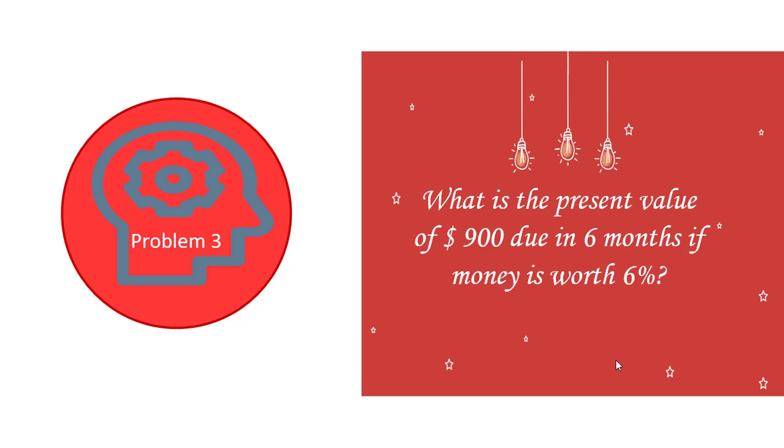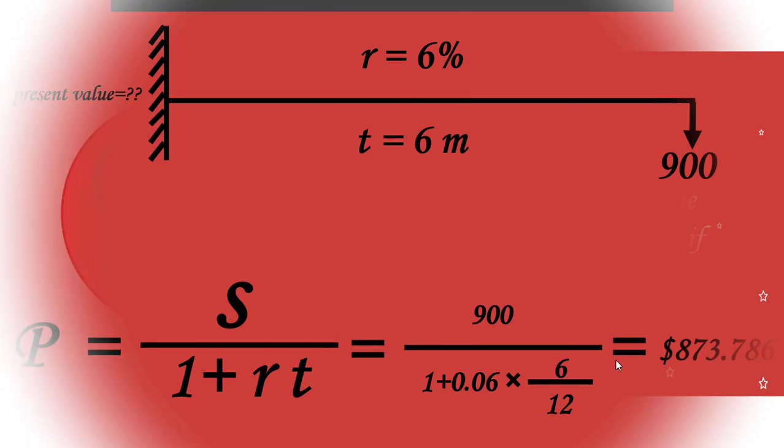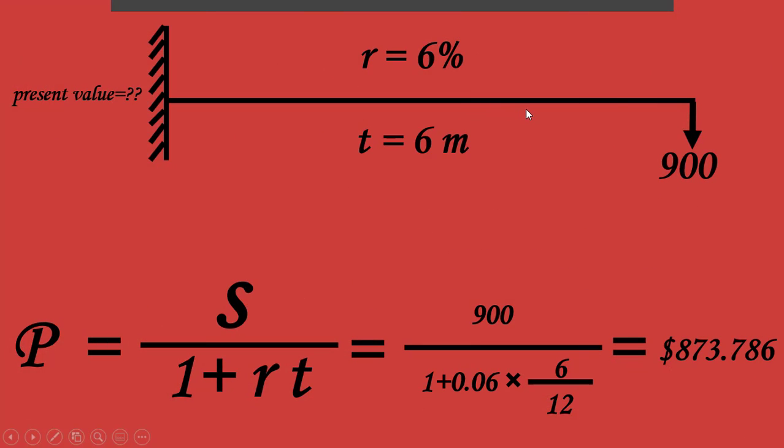Problem number 3. What is the present value of $9,000 due in 6 months if money is worth 6%? I think it's easy. Also by drawing the timeline, the future amount $9,000 after 6 months with a rate of 6%, calculate the present value.